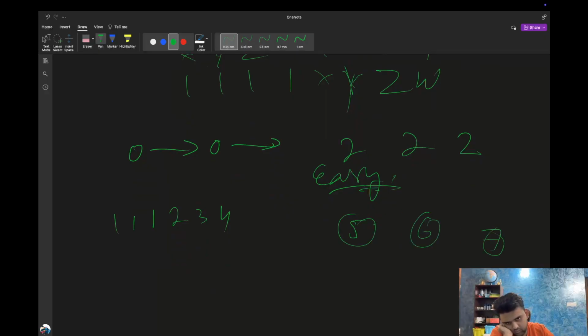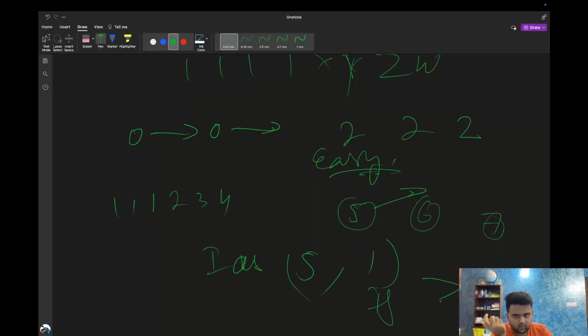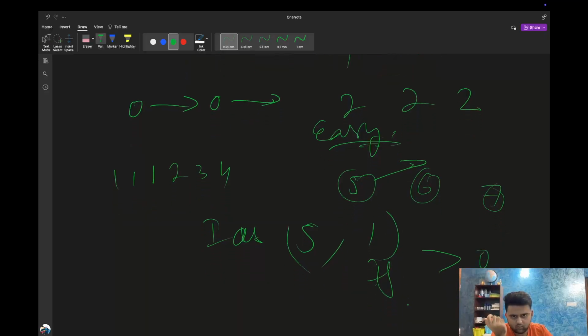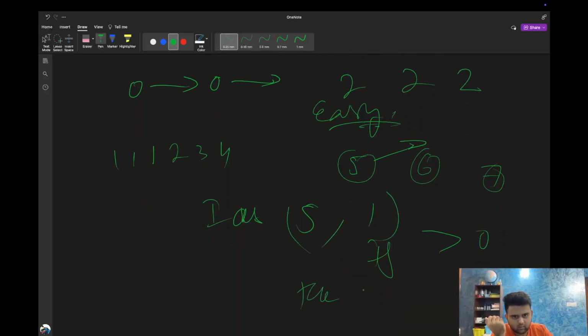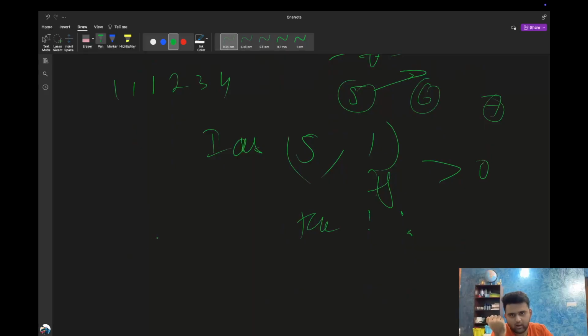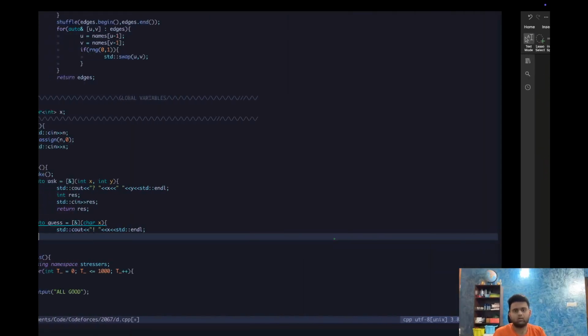Okay, if something's not there, it doesn't have any outgoing edge. It has only incoming edge. So I ask 5 comma 1, if greater than 0, then coordinate. So has to be distinct. Distinct. Perfect.